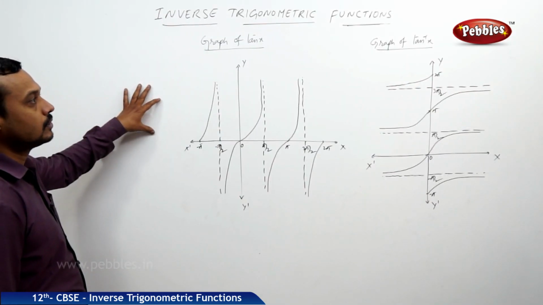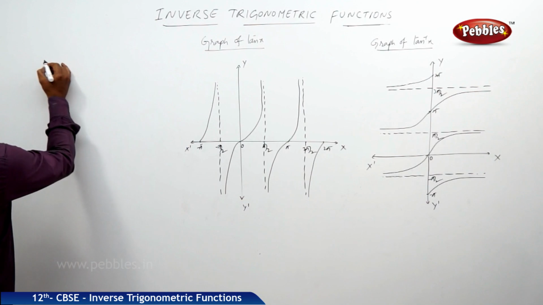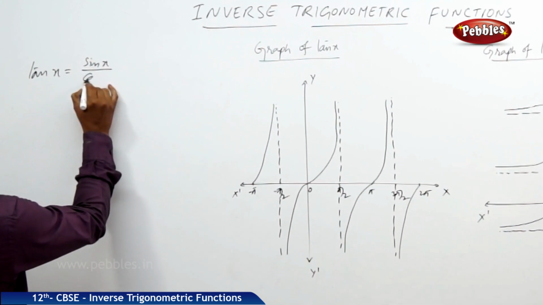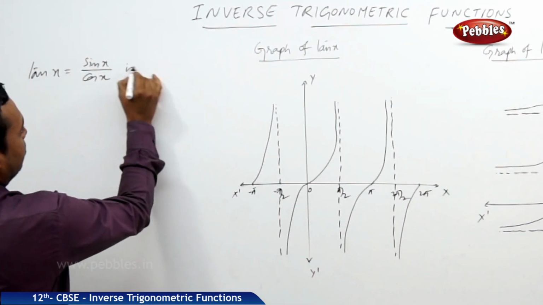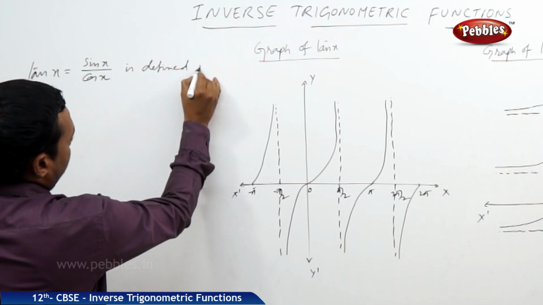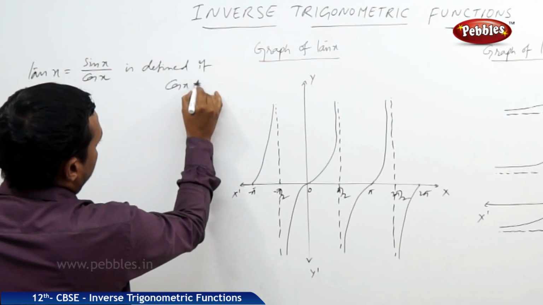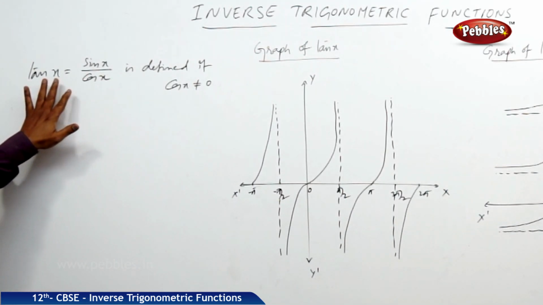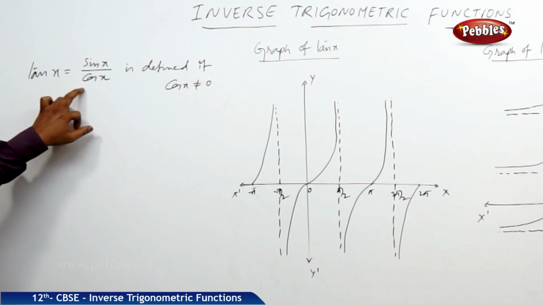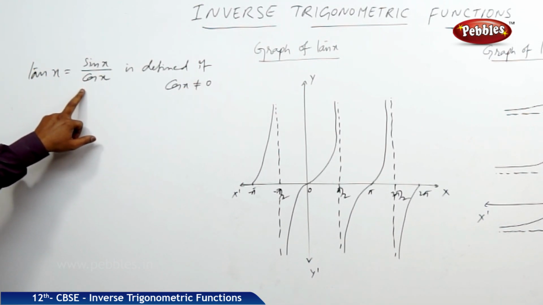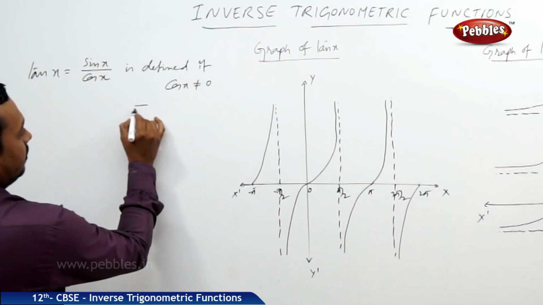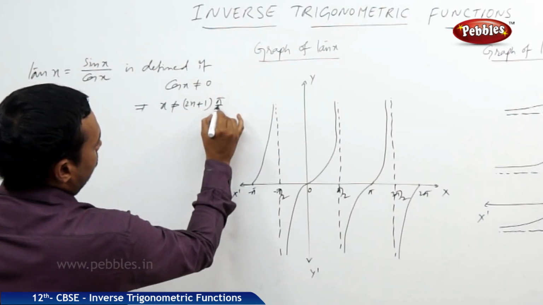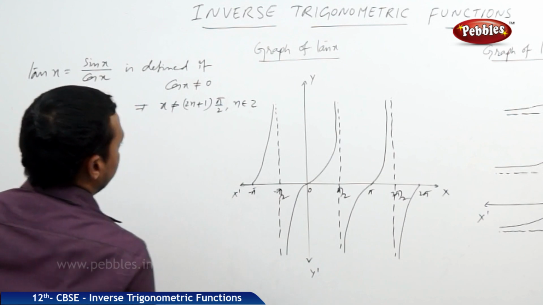Now the definition of tan inverse x. You know tan x is equal to sin x by cos x. This is defined if cos x is not equal to 0. This ratio is defined when the cos x value is not equal to 0, which implies x is not equal to 2n plus 1 pi by 2, where n belongs to Z, the set of integers.